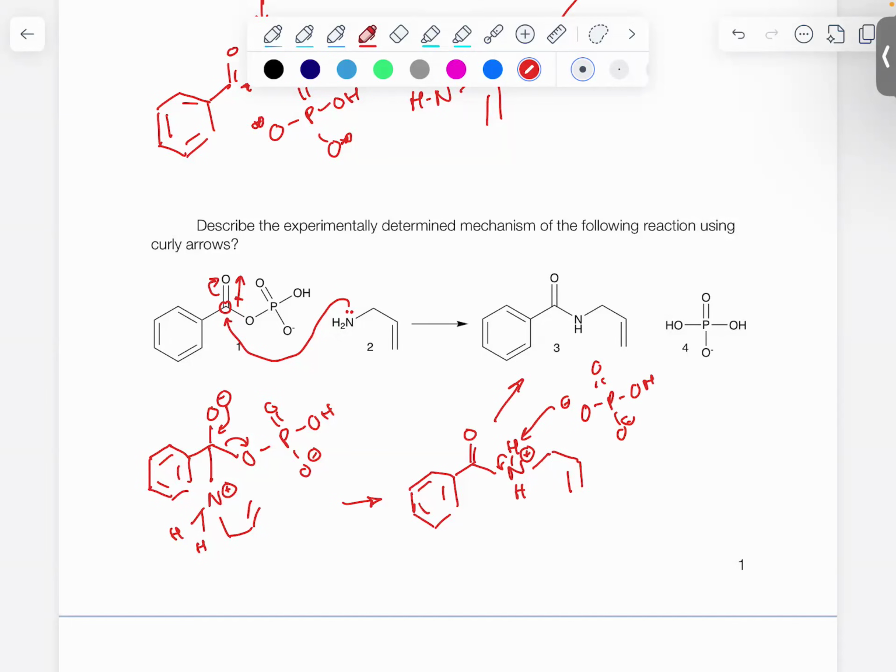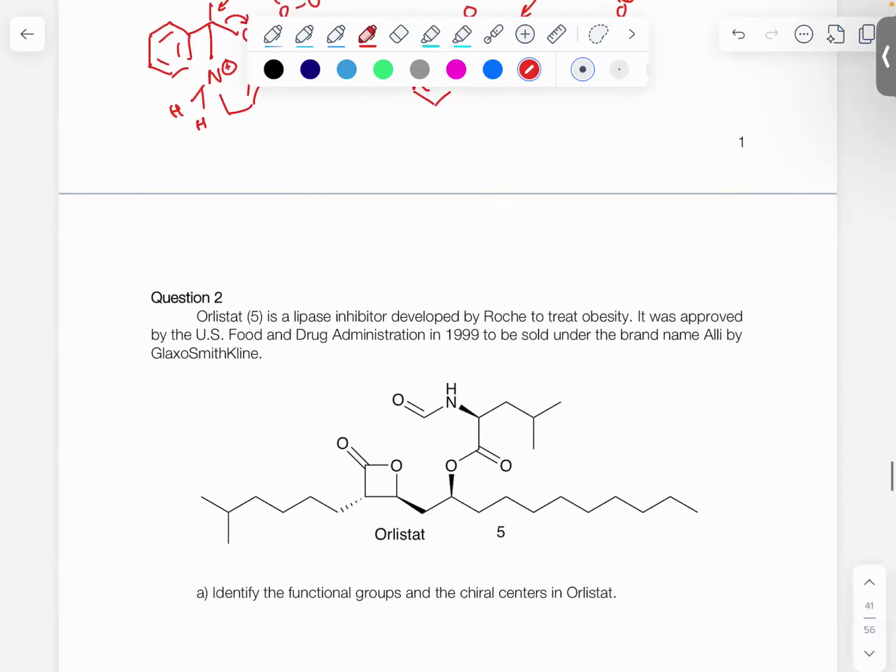Well, not really neutral, because this negative is conserved.